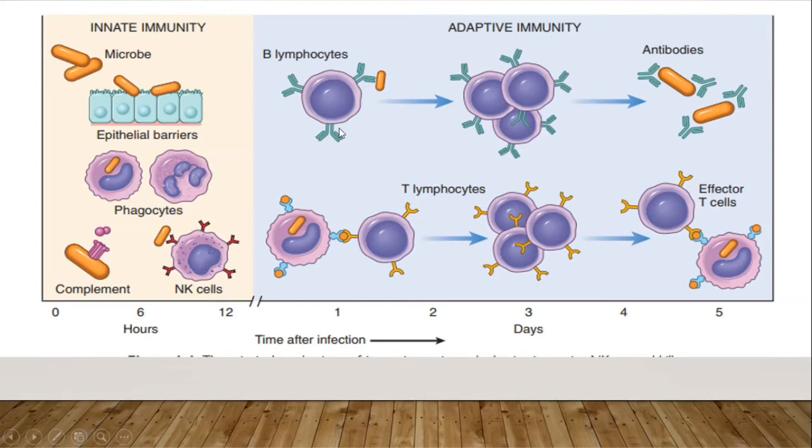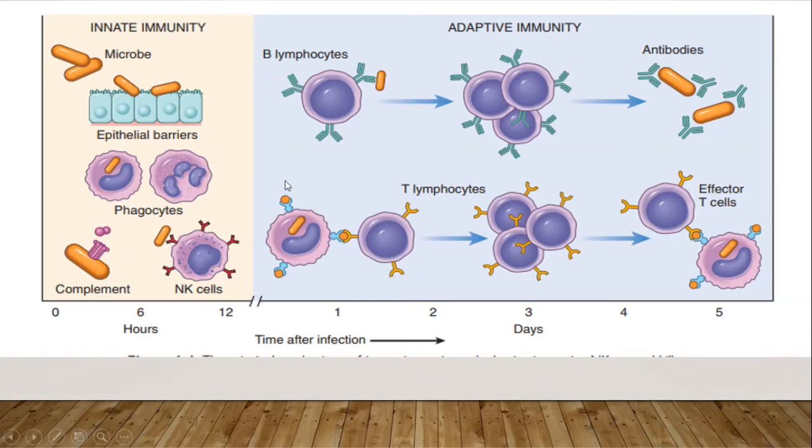B lymphocytes produce antibodies against a specific antigen, while T lymphocytes directly attack the antigen through the cell. One is mediated by antibodies while the other is mediated by cells, so we call it cell-mediated immunity. We will discuss it in the coming lecture.